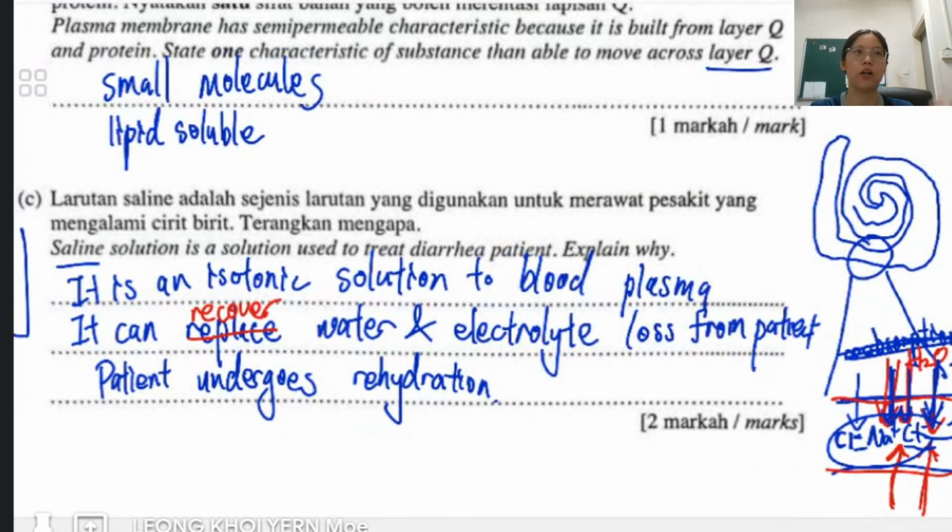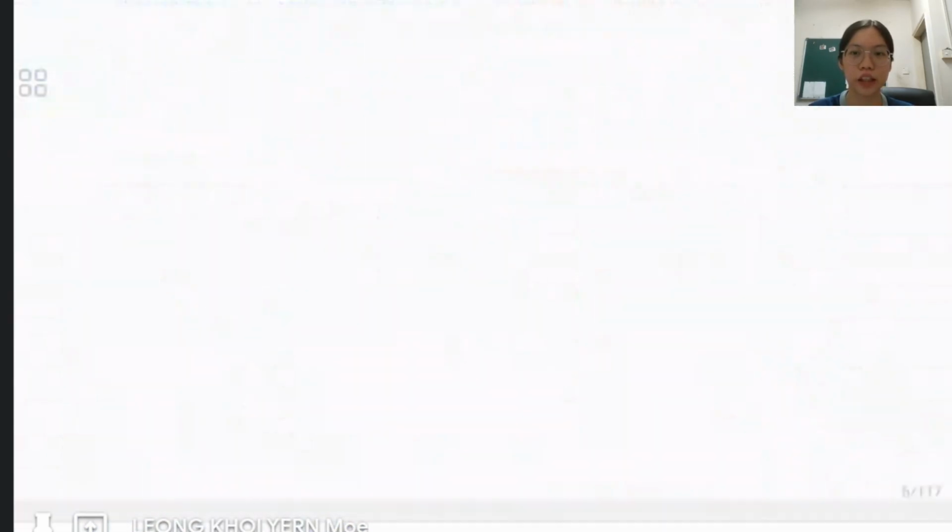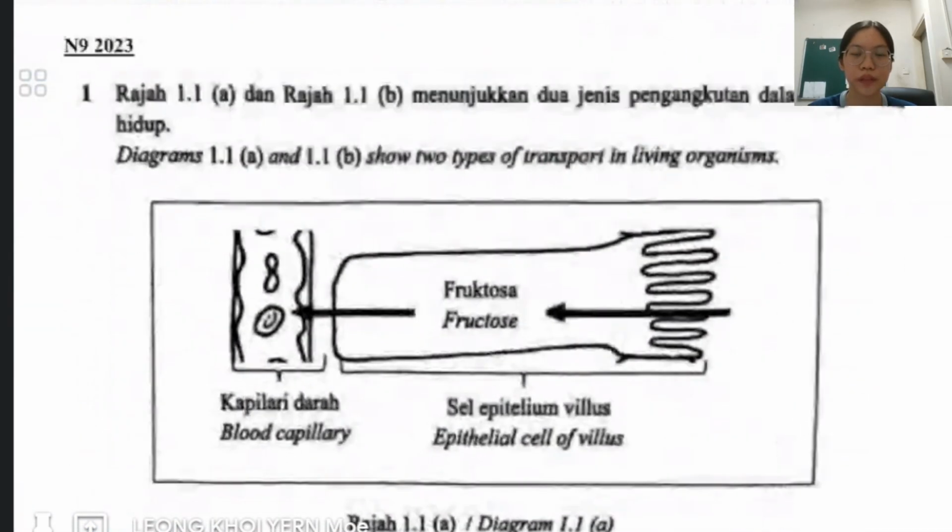But for a mild condition of diarrhea, normally we would just drink oral rehydration salt. So later on, when the question mentions it, I will explain to you. Now let's continue to the next one.